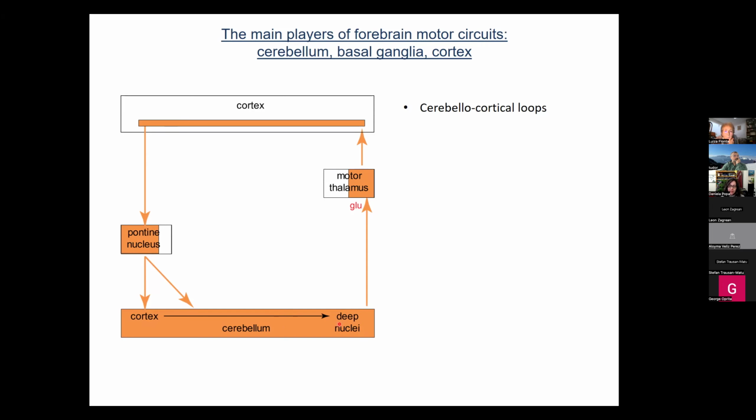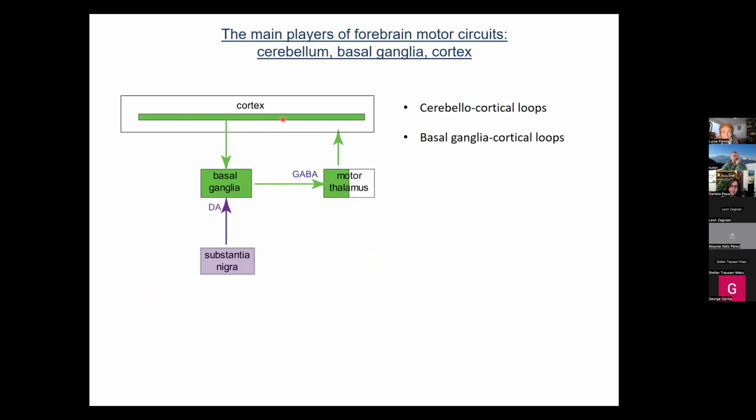And we also know that for the ascending pathway, the cerebellar nuclei are projecting to the motor thalamus, that is projecting to the cortex. So we also know that there are basal ganglia cortical loops. And in this case, the basal ganglia is projecting to another part of the motor thalamus that projects to the cortex.